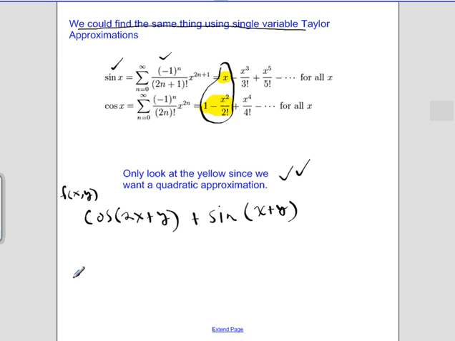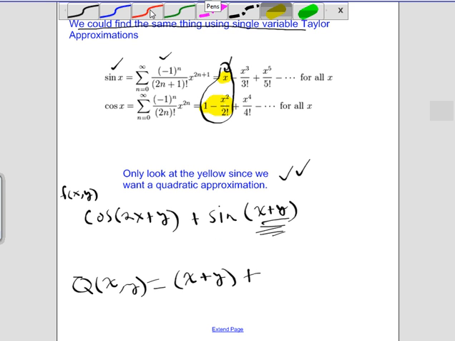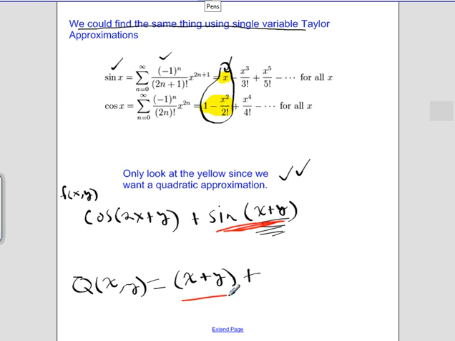So this will equal q of x, y will equal the approximation of sine of x plus y, which is just plugging x plus y into our x value, plus that is our sine approximation, plus 1 minus 2x plus y squared over 2.